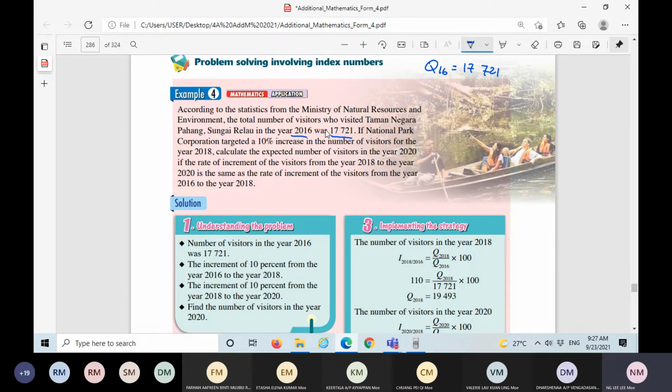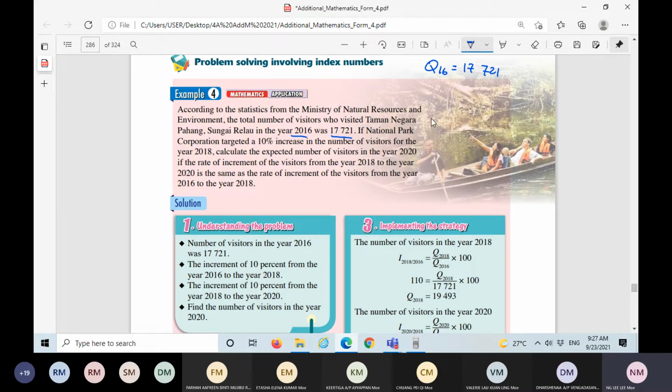See, year 16 is this number. Then they target a 10% increment for the year 18. Calculate the expected number of visitors in the year 2020, if the rate of increment from the year 18 to 2020 is the same as the rate of increment from year 16 to 18.